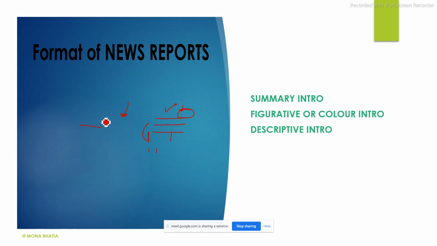Next type of intro is, so the introduction of the report actually describes the place of the chief minister. I'm just giving you an example of a chief minister.